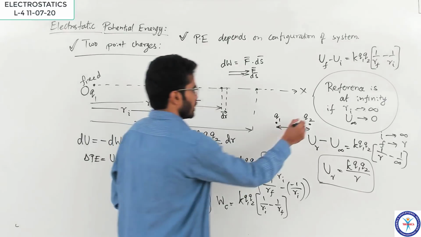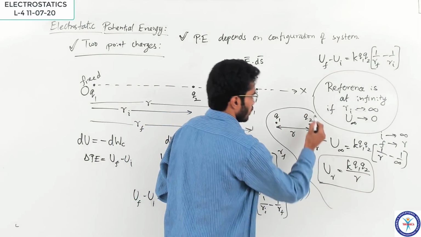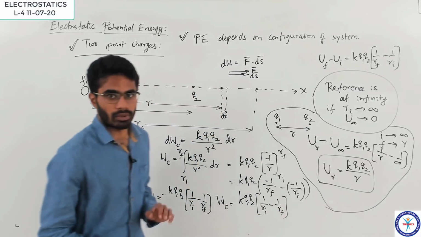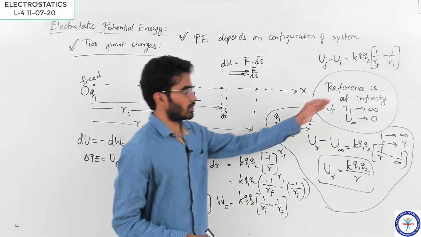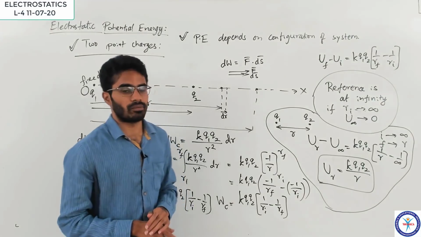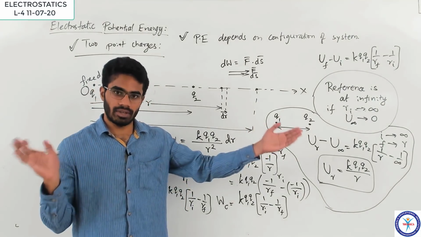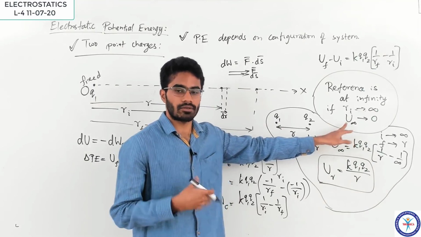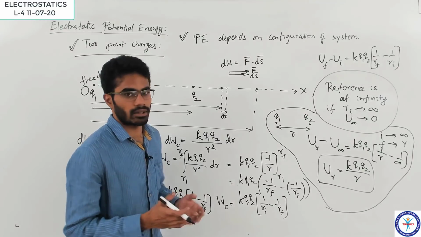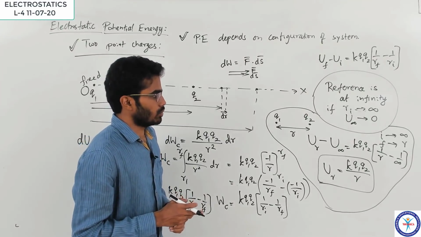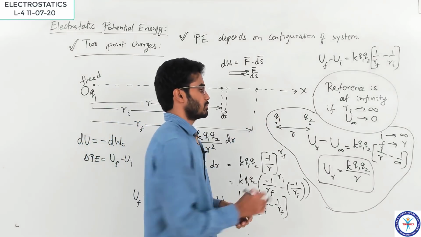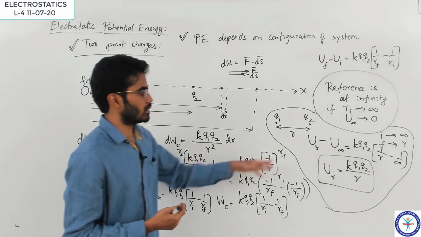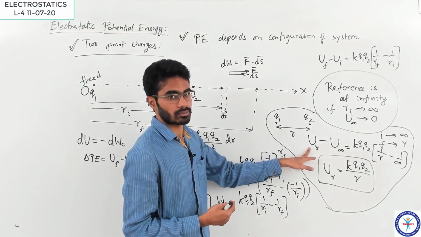So observe this very carefully. This is very important. By taking a proper reference, that is, our reference is infinity. When they are separated very far away, we take the potential energy of the system to be 0. That is the reference value, standard. So by comparing that, the present potential energy when they are separated by distance r is Ur here.